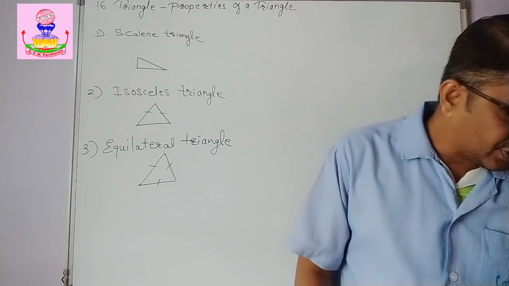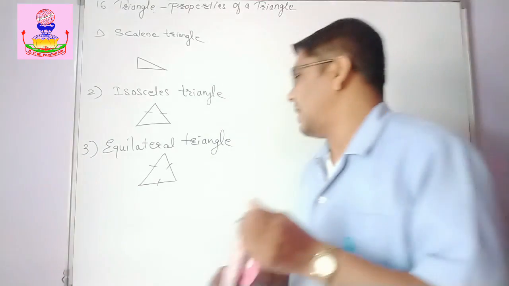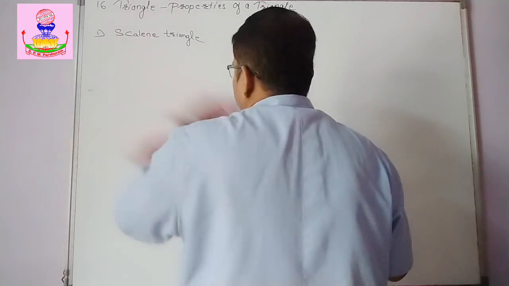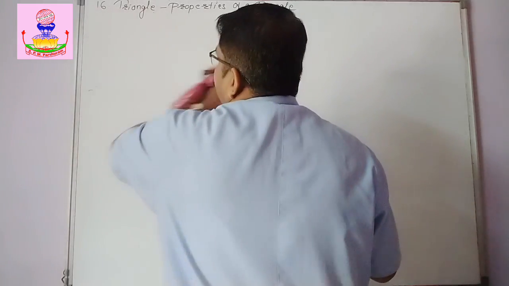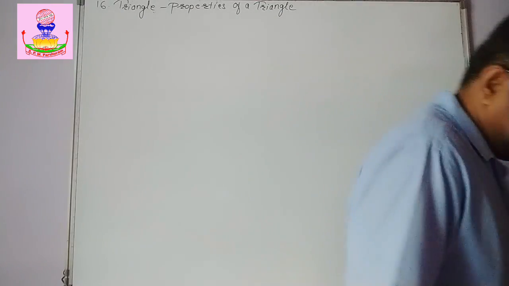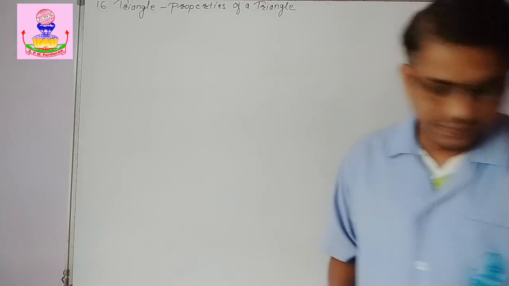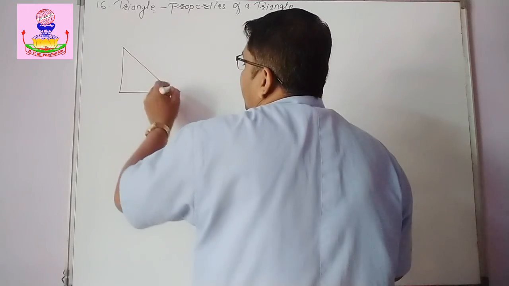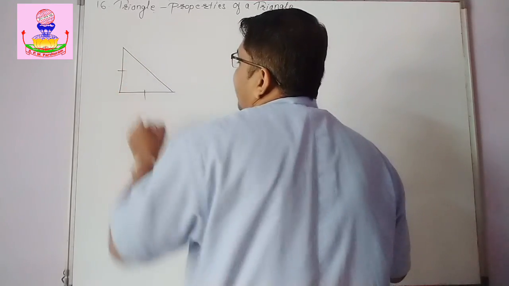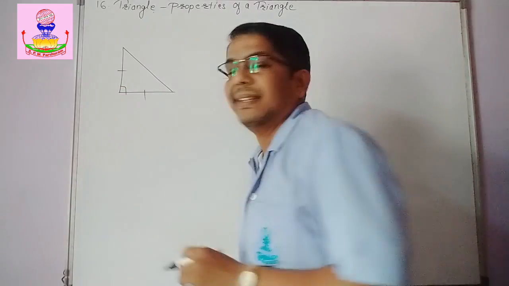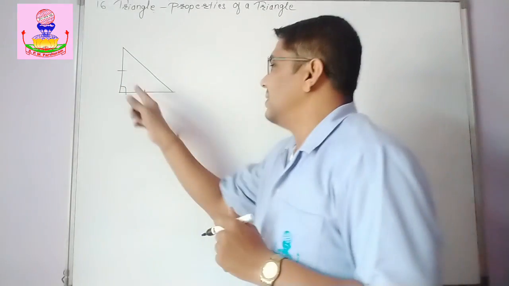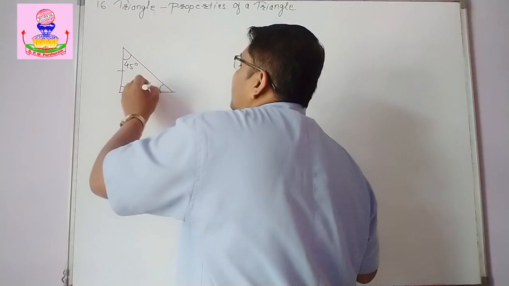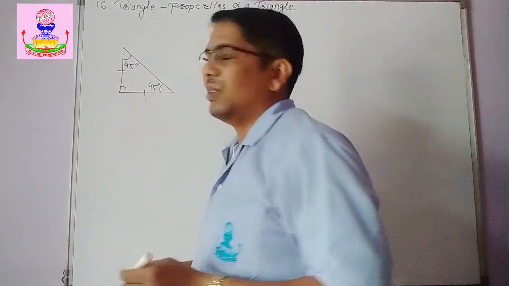Now there are more types based on both angles and sides. We can have an isosceles right angle triangle. When it is an isosceles right angle triangle, keep this in mind, this angle is 90, so these two angles are going to be 45 and 45.